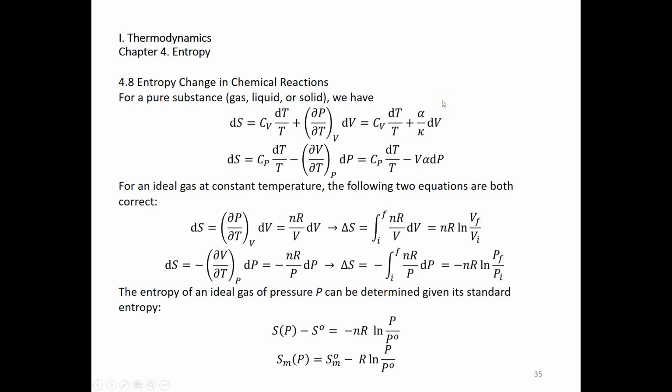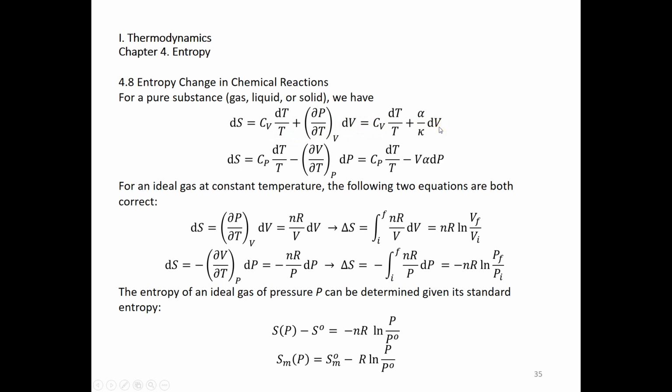That means we can just look up the numerical values of alpha and kappa for the liquid or solid and plug those values in. The entropy change due to the volume change of a solid or liquid is simply alpha over kappa multiplied by the volume change. That's why for an ideal gas we use this equation, and for a liquid or solid we use this equation.